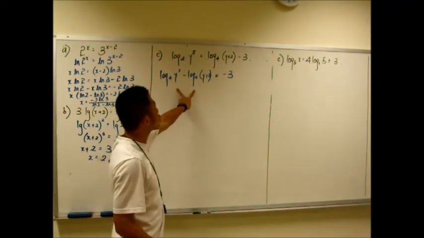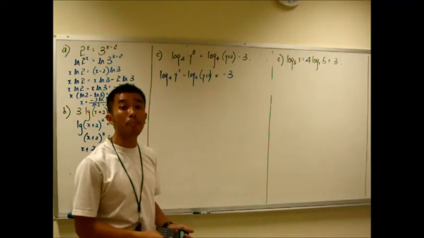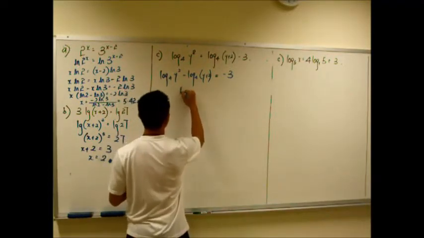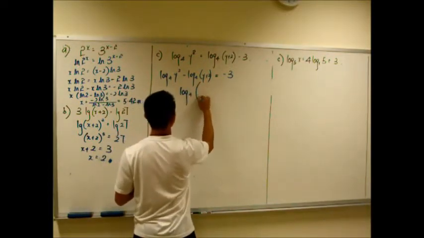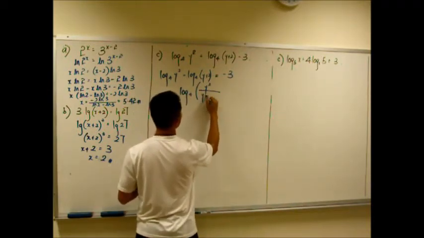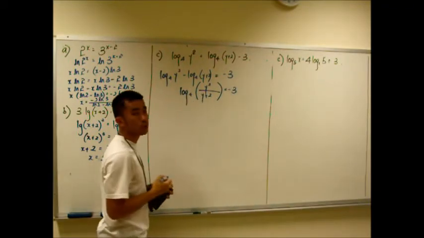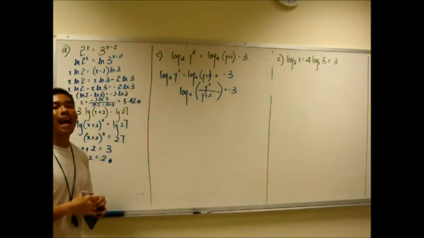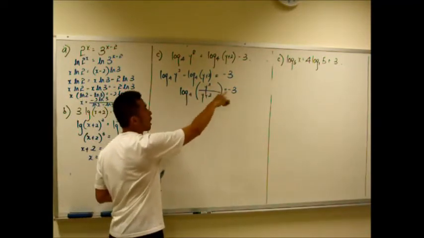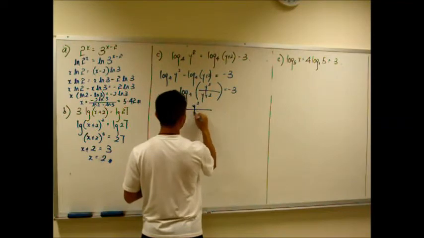This is subtraction of 2 log terms to base 4. I can simplify into a singular log term to base 4. The first main term divided by the second main term is equal to negative 3. Now we are ready to change from logarithmic form to index notation.